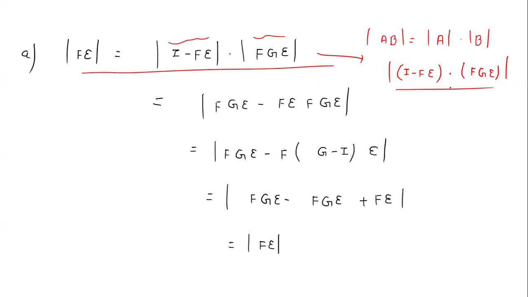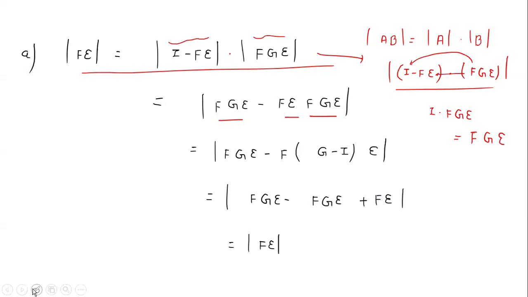Now you can take this FGE inside. So I minus FE times I plus FGE gives FGE, and here we have FE and FEFGE. So the order is important. This FG you can multiply to the FE and it will come like FEFGE.